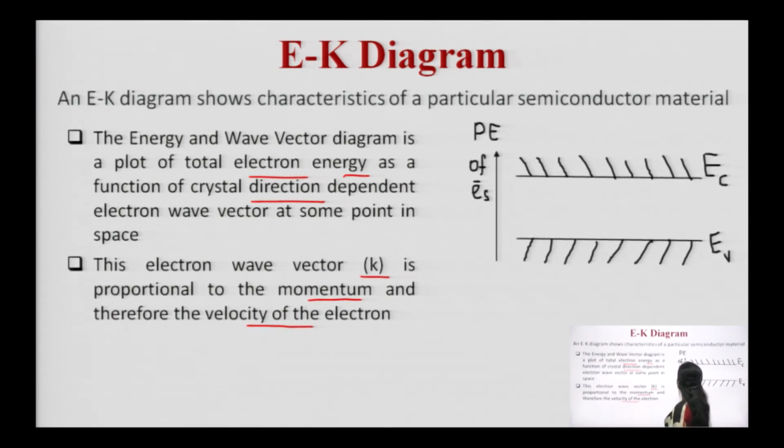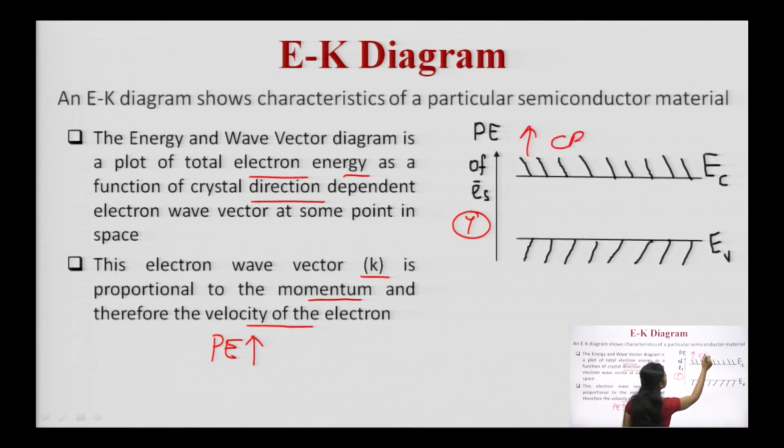As I have told you, when potential energy increases or decreases. So, when potential energy increases, electrons will tend towards up, because on the y axis potential energy is being taken. So, electron will move towards up, which represents the conduction band, and when potential energy decreases, electrons will tend to move downwards, which is the valence band.